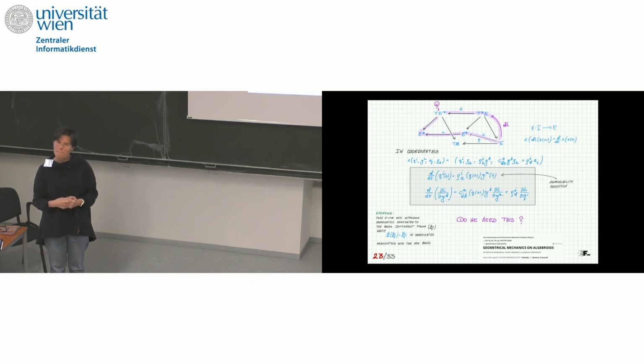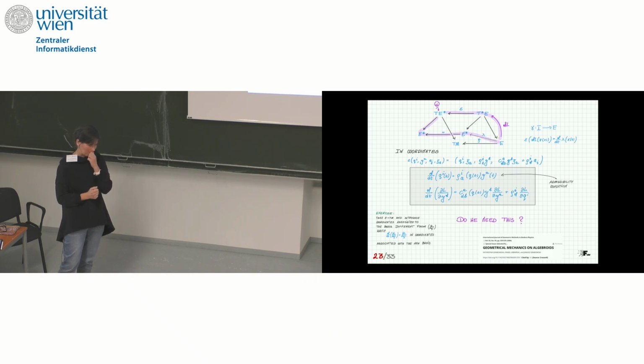So I have a remark. These equations on algebroids are a sort of universal reduction. When you have a Lagrangian which is invariant, so if your configuration space is a Lie group, for instance, or a principal bundle, and you consider standard mechanics on the tangent bundle of this, and the Lagrangian is invariant, then there is a procedure of reduction of this to a smaller dimensional manifold, which is actually a Lie algebroid.